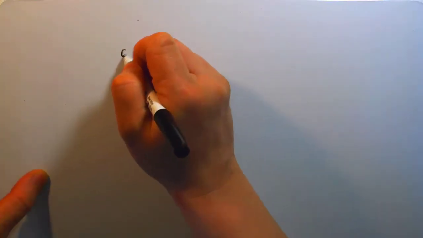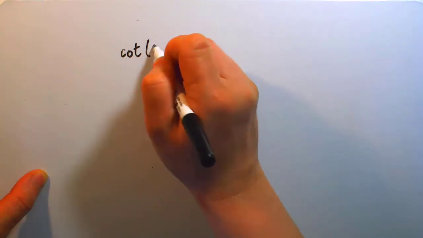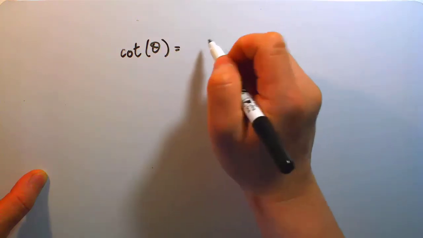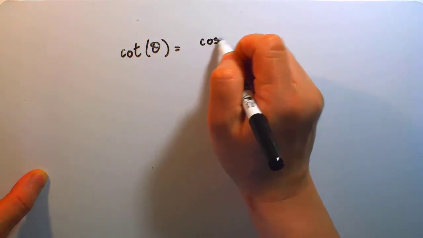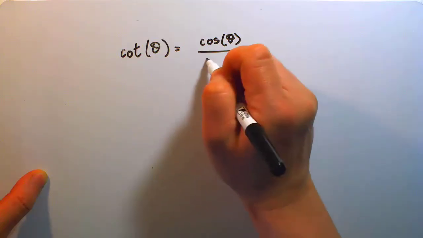All right, so cotangent, we've learned that for any angle theta, cotangent is defined to be cosine of the angle over sine of the angle.